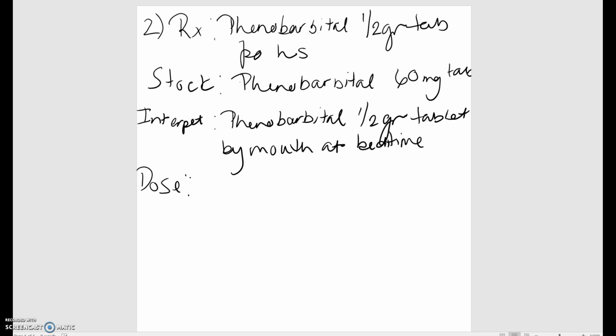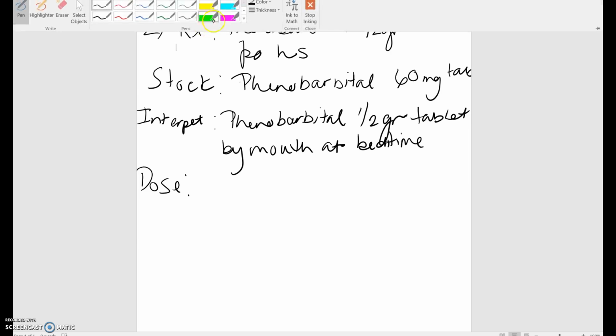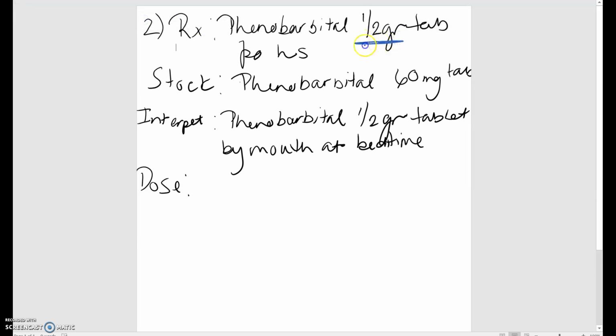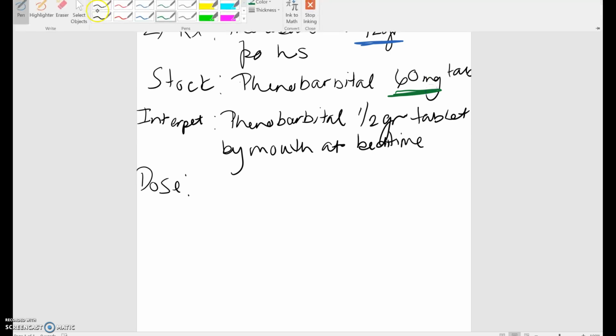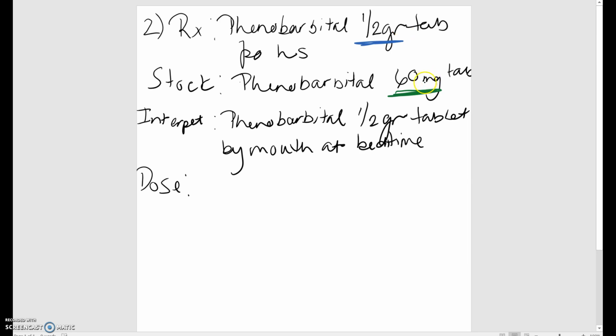So, using the formula method, where you take dose ordered over dose available times the quantity, the dose ordered in this case is half a grain. The dose available is 60 milligrams. Remember, your units for dose ordered and dose available have to match. Because my units for dose ordered do not match the stock medication, I need to change my half a grain to milligrams.